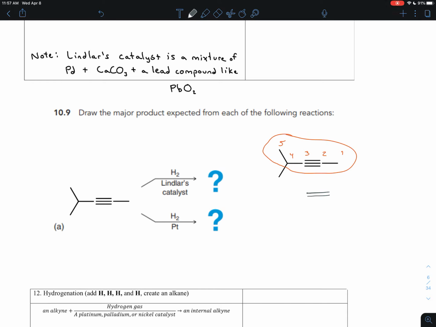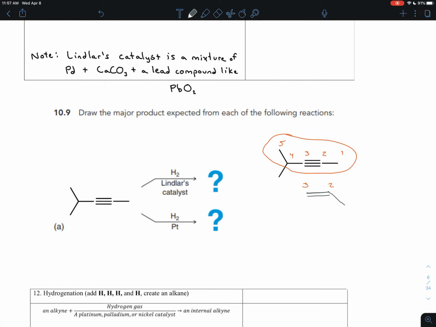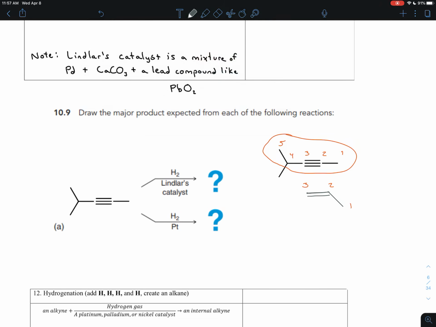Now, it doesn't matter whether the 2 branches of the cis are going up or down. Remember, these are 3-dimensional molecules, so you can draw them 2-dimensionally in different ways. Just for space, I'm going to draw it going down. So here we have carbons 2 and 3. I'm going to have this 1 going down, and because this is cis, 4 also has to be going down. You could also have 1 and 4 going up.